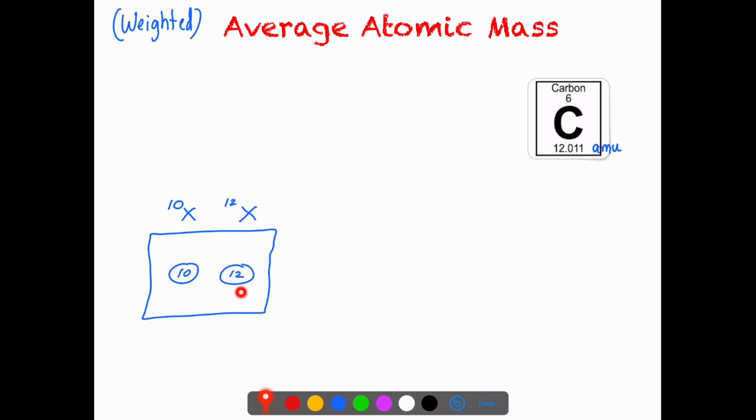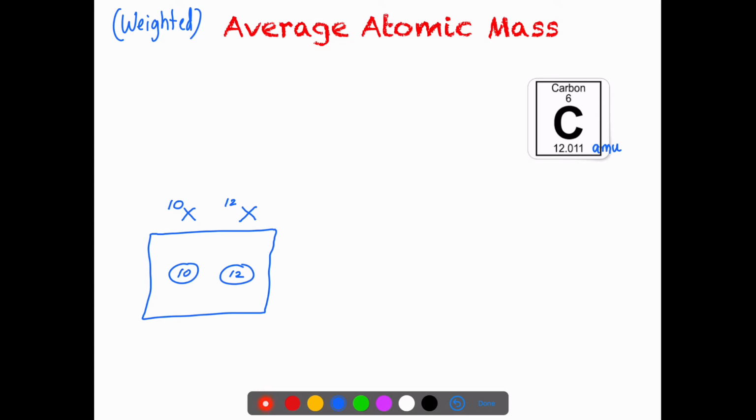If I have equal amounts of those, then it will be just 10 plus 12 divided by 2. That's an average, which is distributing the weight equally between those two. So the average is 11. Okay, so we took half of 10 and added half of 12. That will give us the average.